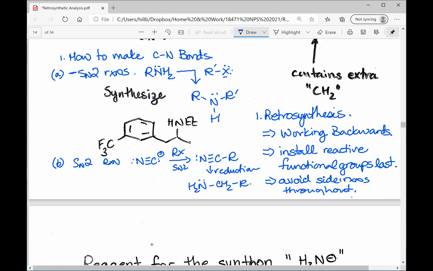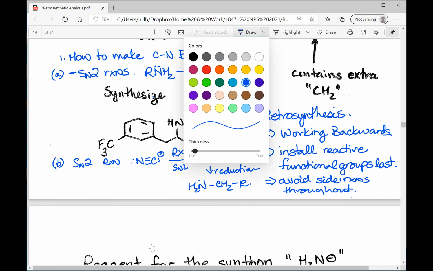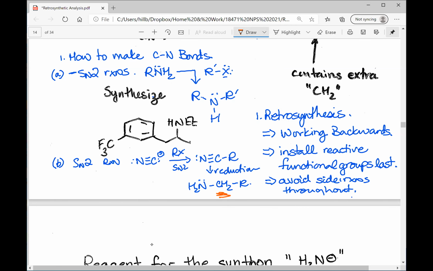Doing this, you insert a CH2 as well, so there's an extra carbon. That's one of the things you need to keep in mind. So that was one way.